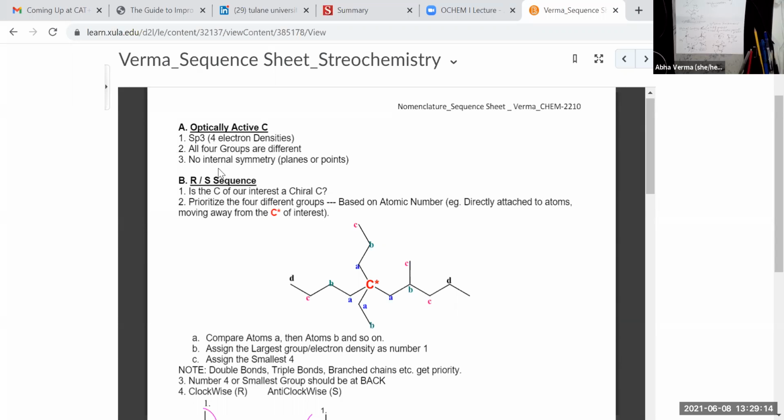This is how. So you look at the carbon of interest, then you keep walking away from each side. You walk away, walk away, walk away, till you see the first difference in that structure. So the directly attached atoms, you can label them as anything.